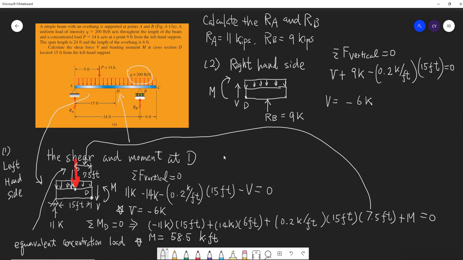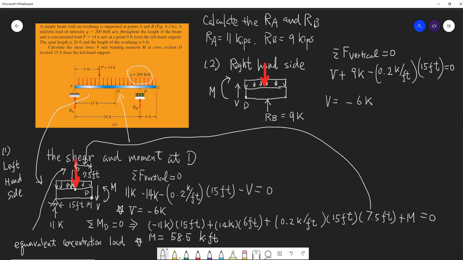Similarly, we also have the moment equilibrium equation. The arm should be half, the distance is the same, because D is the midpoint.